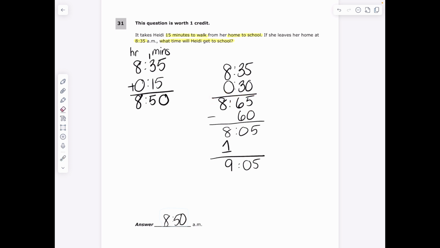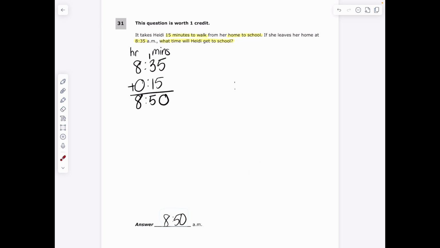Other ways I've seen some kids do this, and I like to think of all the different ways kids can do this. Some like to draw a clock. I draw the 12, 3, 6, 9, and then I do the ones in the middle. 1, 2, 4, 5, 7, 8, 10, and 11. And some kids may start with the 35.